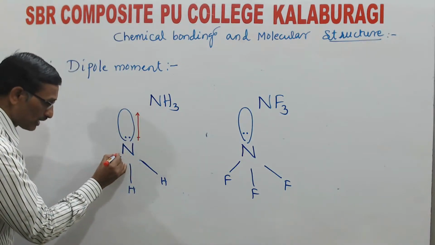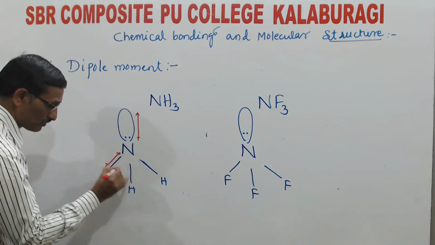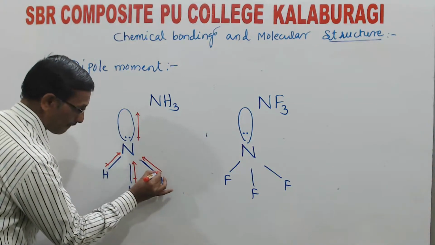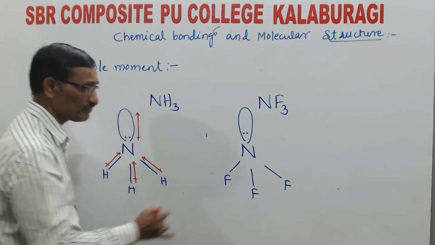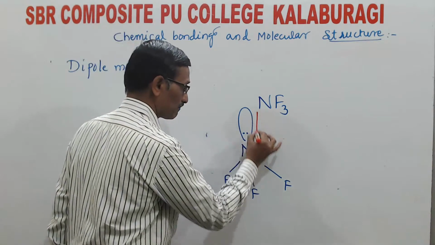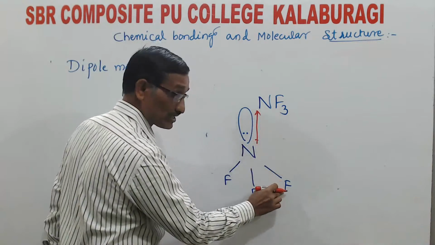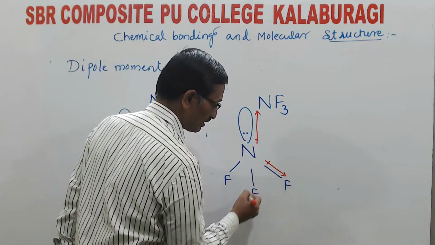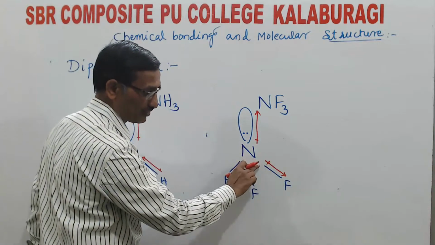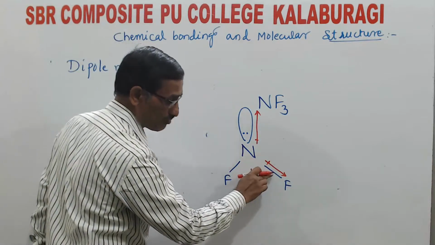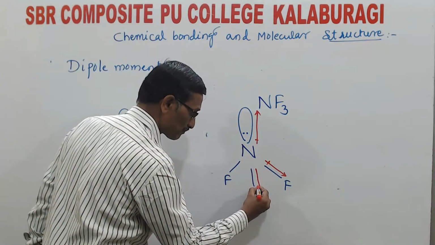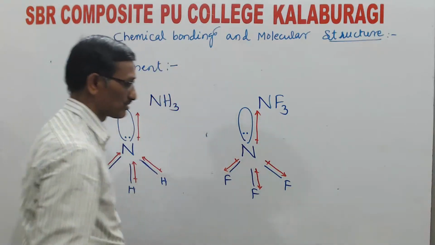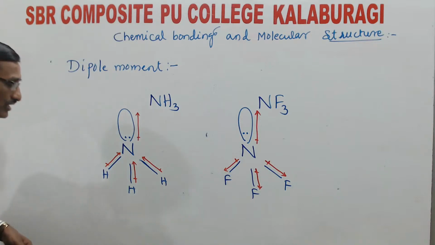Nitrogen seems to be more electronegative. In this case, fluorine seems to be more electronegative as compared to the nitrogen atom. See, electron density shifts from the less electronegative to the more electronegative side. Yes. Now coming to the values.